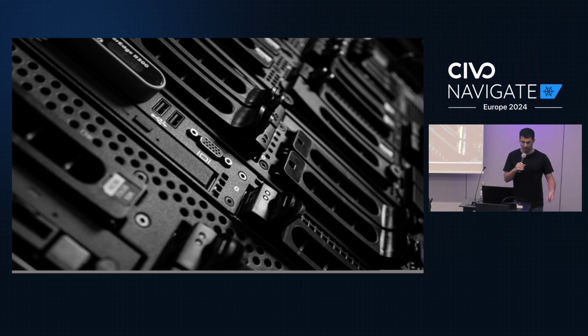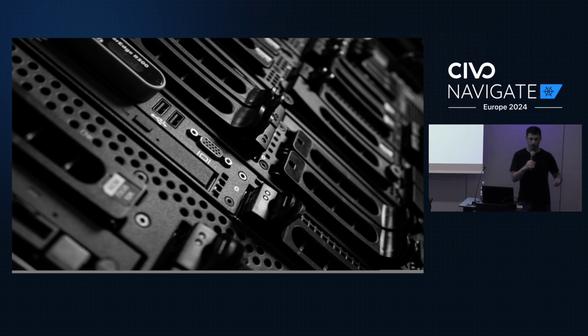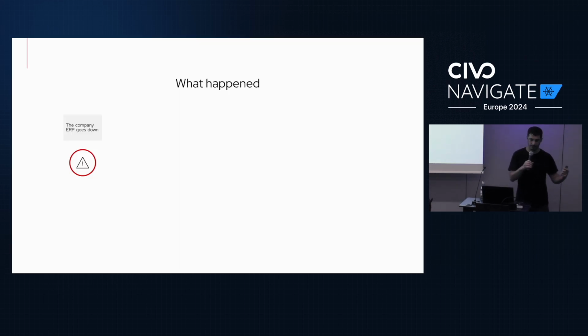So just to give you a little bit of an idea of what the analysis came out to be, obviously there was the ERP going down. That's the first step. The on-call person received the notice about this.